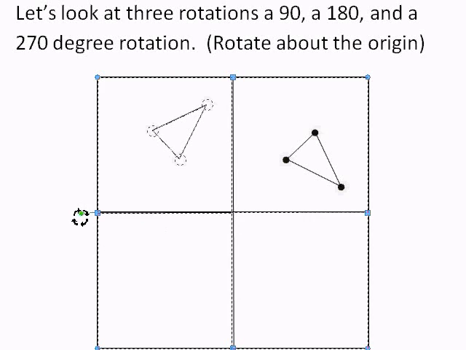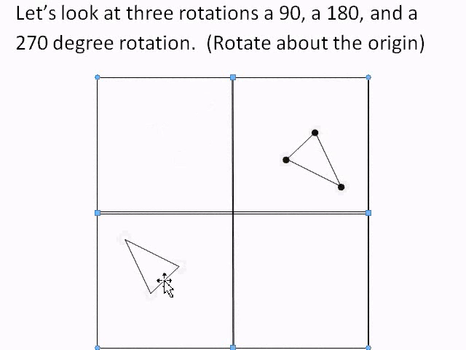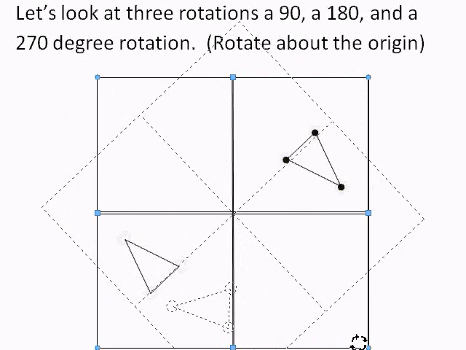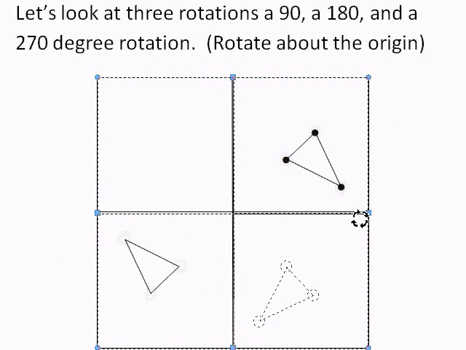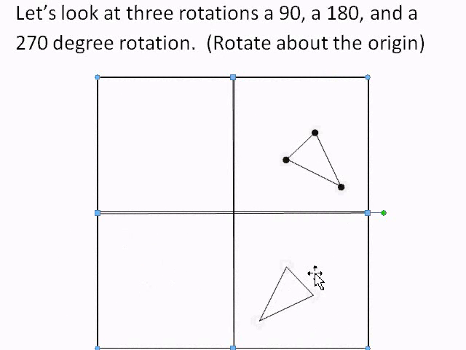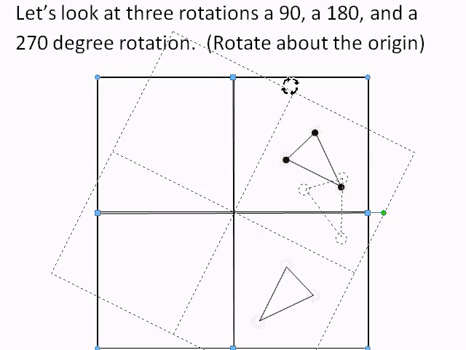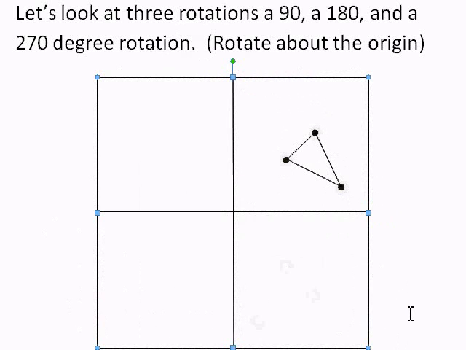Now if I take that figure and rotate it 90 more degrees, I'll get a 180 degree rotation about the origin. And if I rotate 90 more degrees, I'll get a 270 degree rotation, and 90 more degrees is a 360 degree rotation, which we really don't have to do because 360 degrees makes the triangle land back on itself.